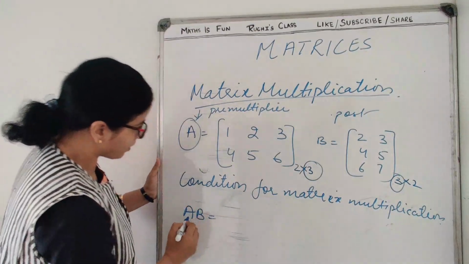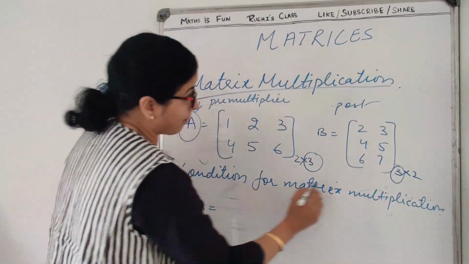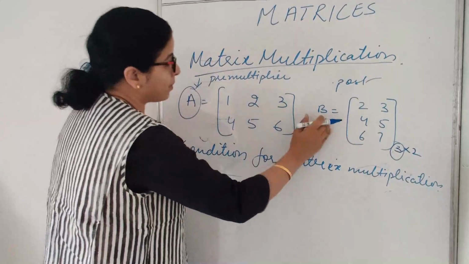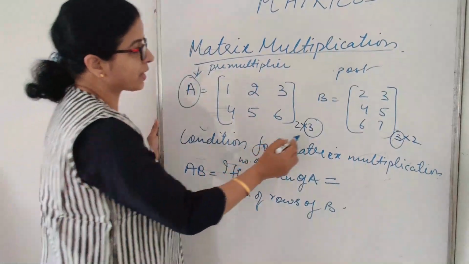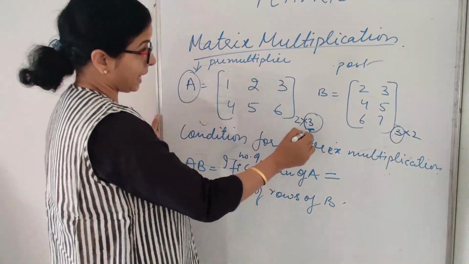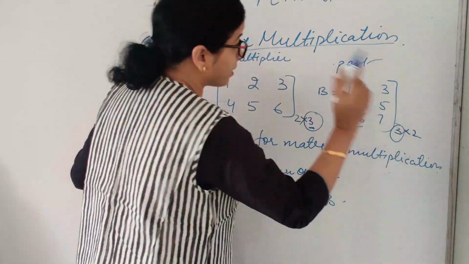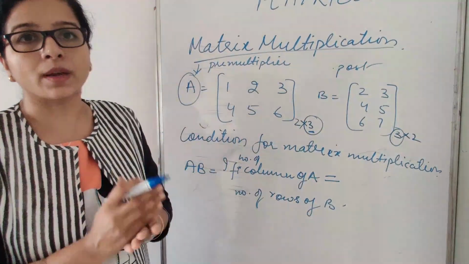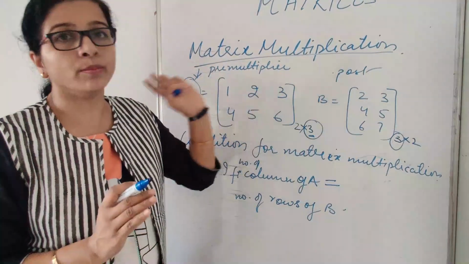So when is multiplication possible for A and B? The number of columns in A is 3, and the number of rows in B is 3. So in this case we can multiply A and B.